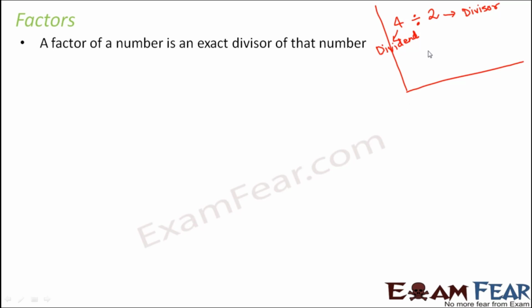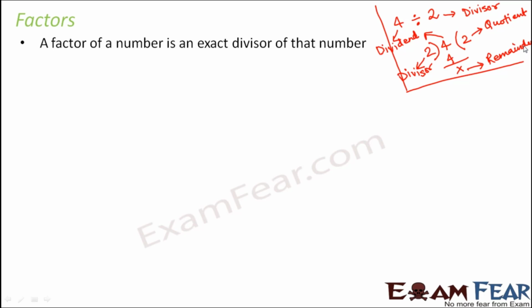So how do you divide? You divide it something like this. 2 twos are 4. So what do you get? You get 0. So here 2 is the divisor, 4 is the dividend, 2 is the quotient, and 0 is the remainder. So these are the 4 terms that we use when we perform a division operation.